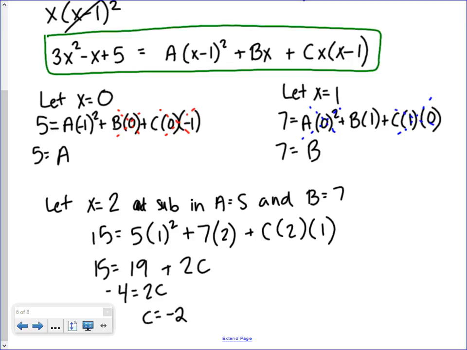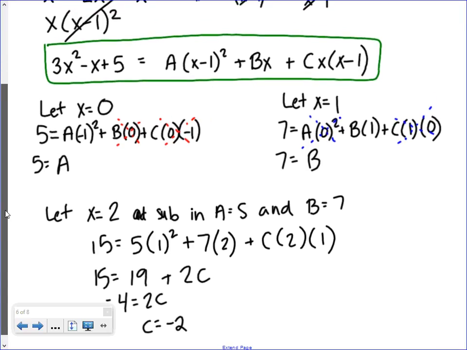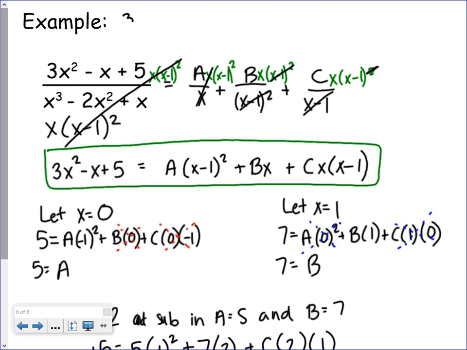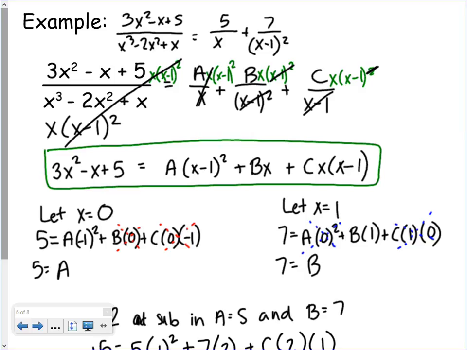So now we can take that value, c equals negative 2, along with a and b, and plug it into our original work to have our final partial fraction decomposition. So I would write something like this: 3x squared minus x plus 5 all over x cubed minus 2x squared plus x equals, a is 5 and b is 7, and c we said is negative 2, right?